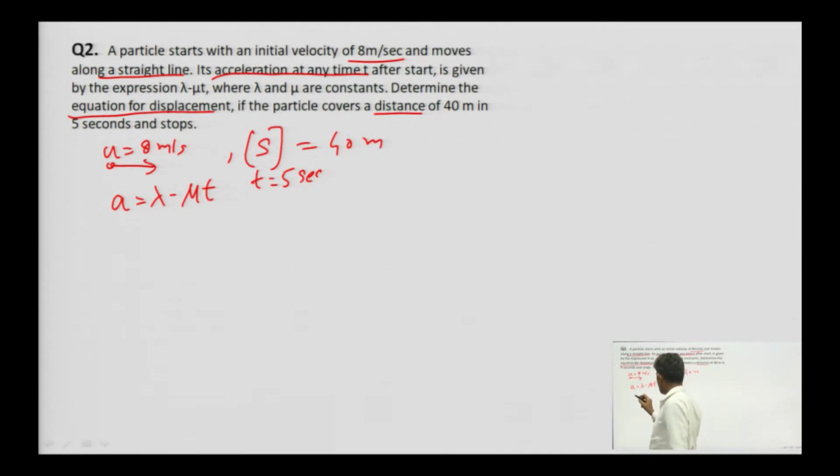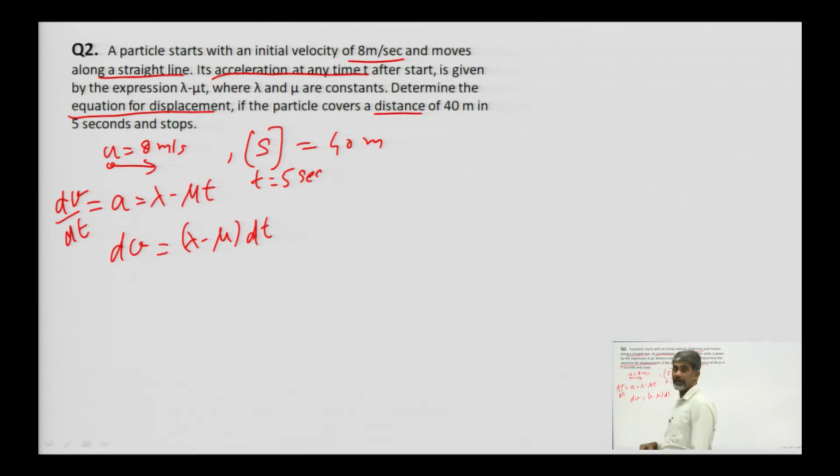So, we will use the equation A, we know that it is dV by dt. So, dV is equal to lambda minus mu t, integrate it.